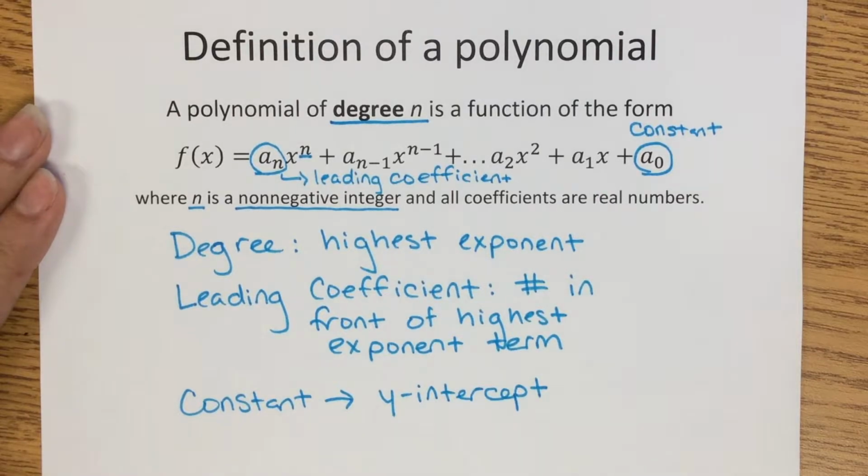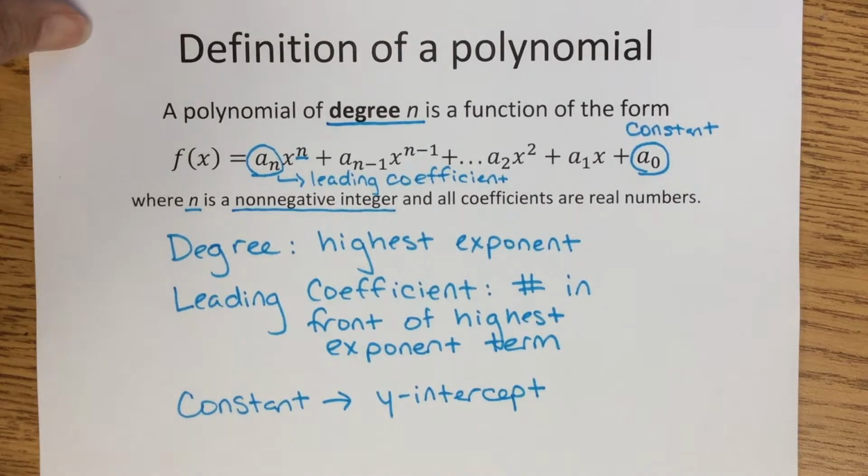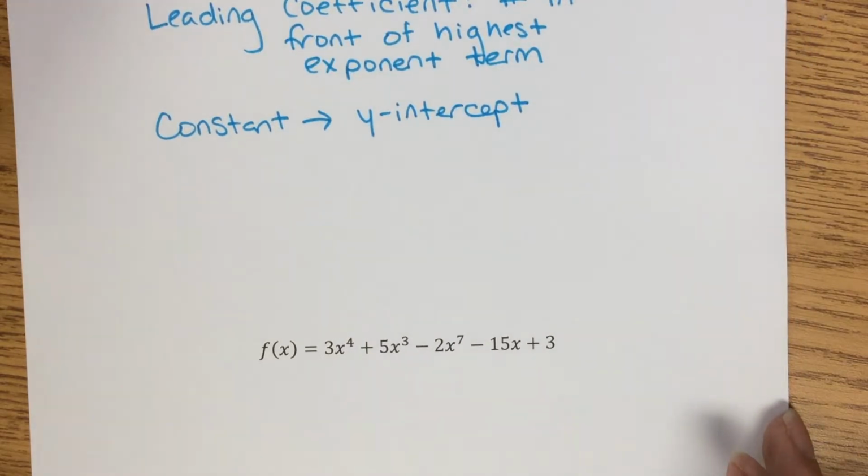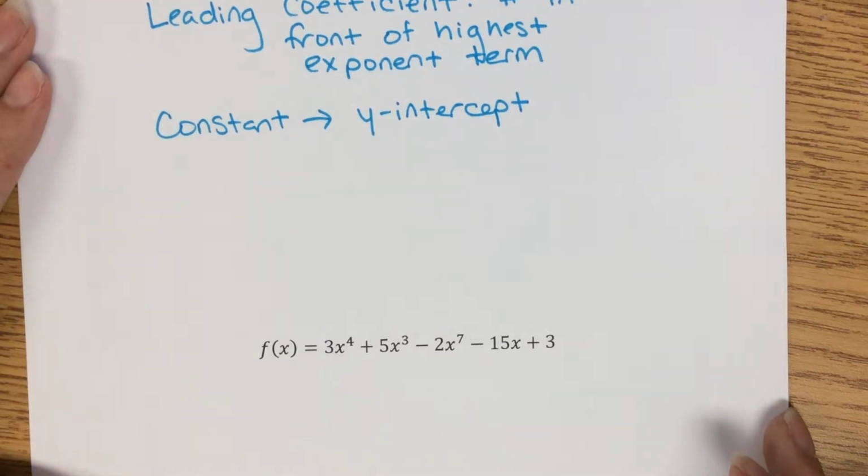All right, so let's look at an example and identify these three important pieces of that polynomial. Right here you see an example, 3x to the fourth plus 5x cubed minus 2x to the seventh minus 15x plus 3. First we're going to look for the highest exponent.